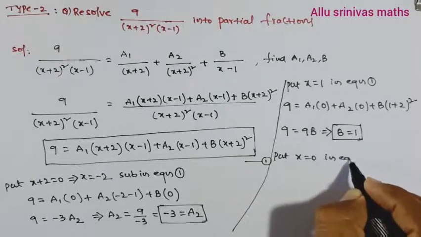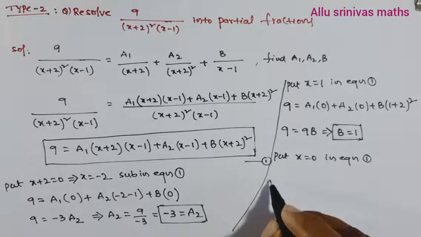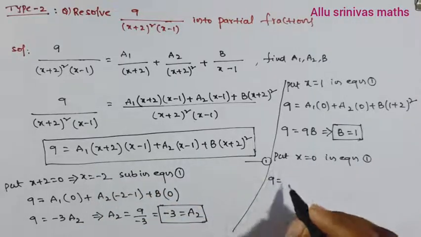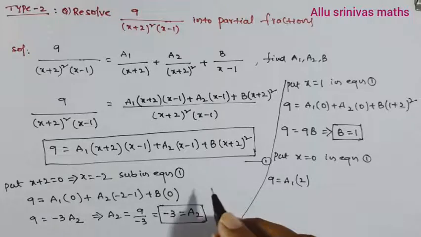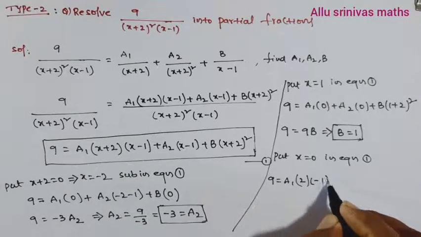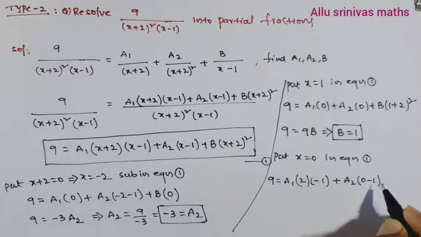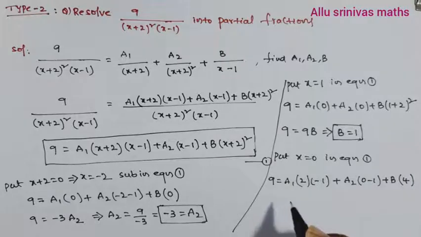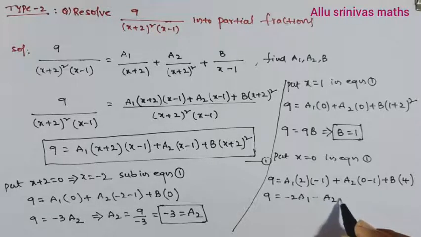Substitute in equation 1 for the third value. 9 equal to a1 times (0 plus 2), which is 2, and (0 minus 1), which is minus 1, a2 times (0 minus 1), b times (0 plus 2) whole square, which is 4, and then simplify: minus 2a1 minus a2 plus 4b.